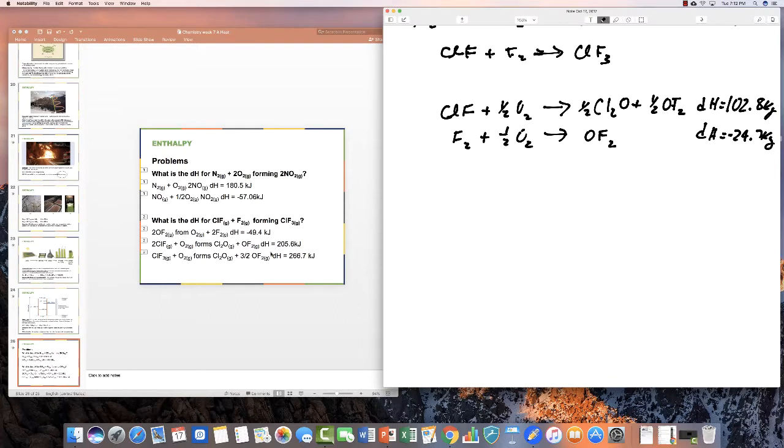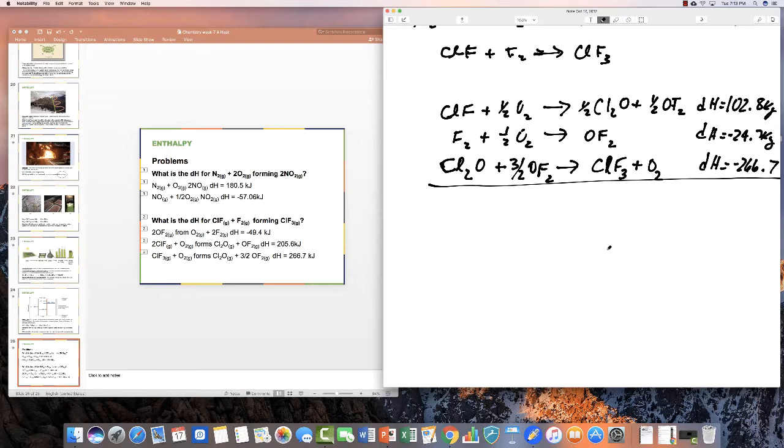So that's going to be Cl2O plus 3/2 OF2 goes to form ClF3 plus O2, and DH here is now going to be, instead of a positive, a negative 266.7.